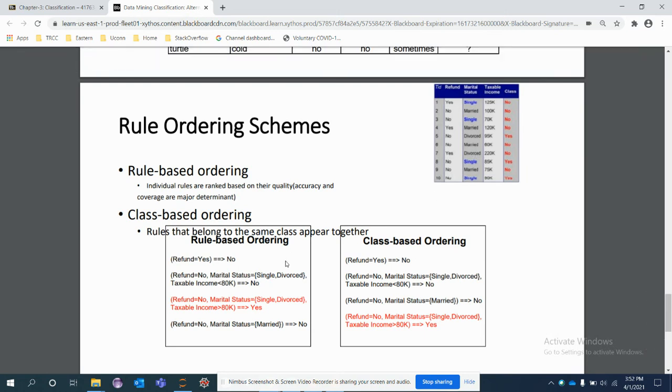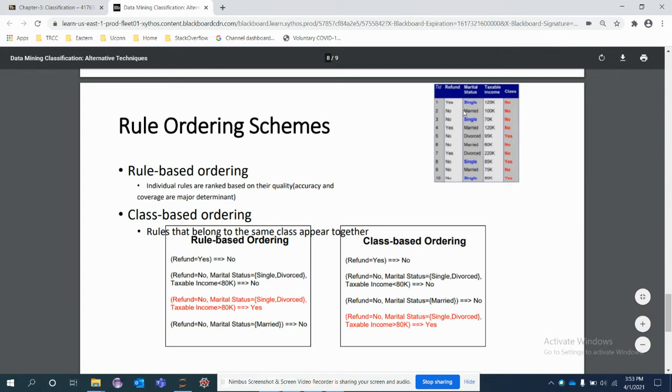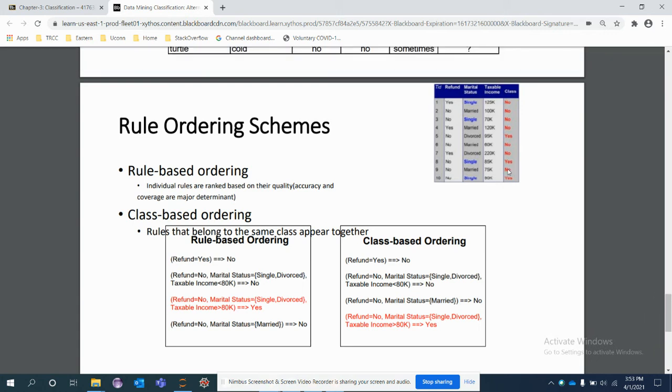First, finding out the accuracy and coverage of each rule. Let's consider this one: refund equal to yes tends to no. If you compare it with the data set, the accuracy will be 100% and the coverage will be 30%. So for refund, we have yes, and we need to see how many classes are predicted as no. Based on that and depending on the accuracy and coverage formula, you can find out those details.